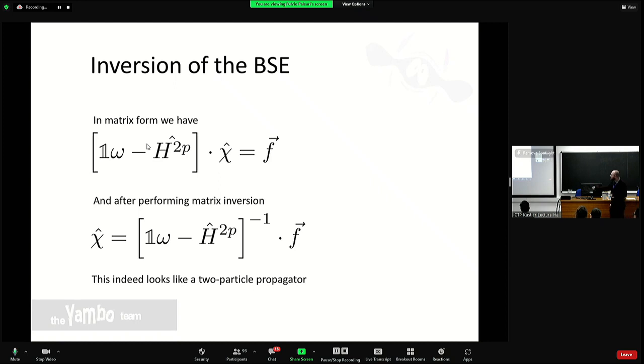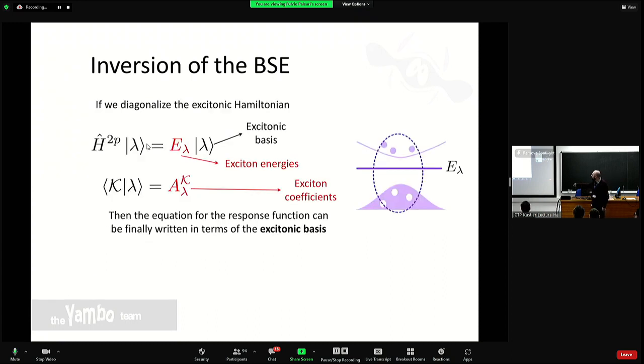You see, this starts looking more and more like a propagator, like a Green's function, because a Green's function in reciprocal space is typically the inverse of omega minus its relative Hamiltonian. And in fact, this is the point, because this Hamiltonian contains all the information that we were after at the beginning, for example, to describe excitonic corrections to optical absorption spectra.